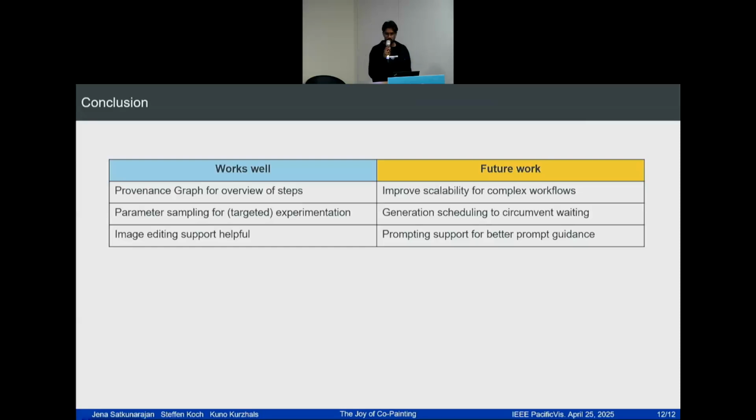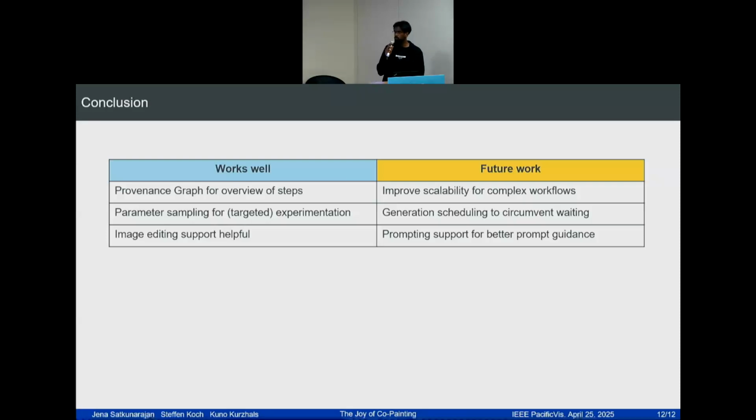Of course, there's always room for improvement, so some things to consider for future work. One is the scalability of the provenance graph. This one can get pretty large and unwieldy for complex workflows. There's also room for improvement when it comes to the responsiveness when using parameter sampling.